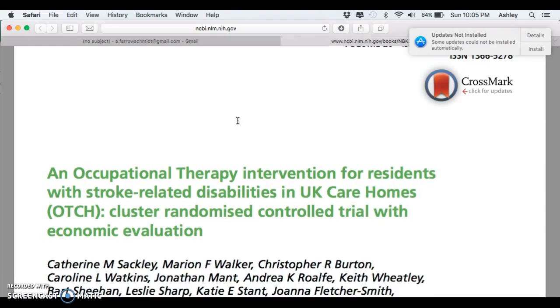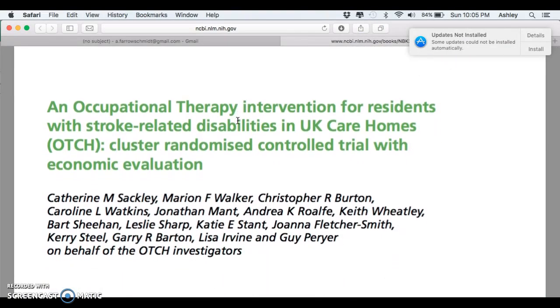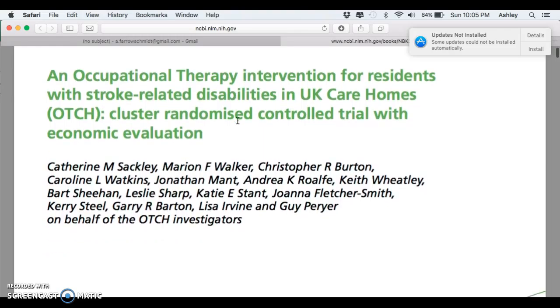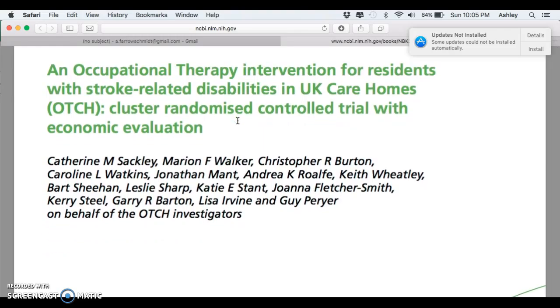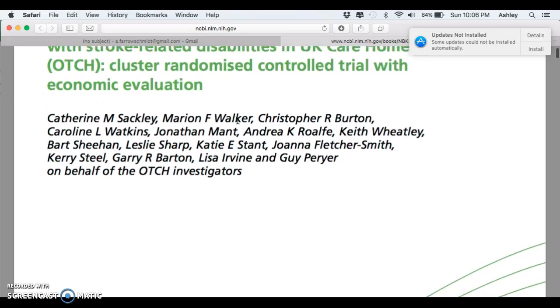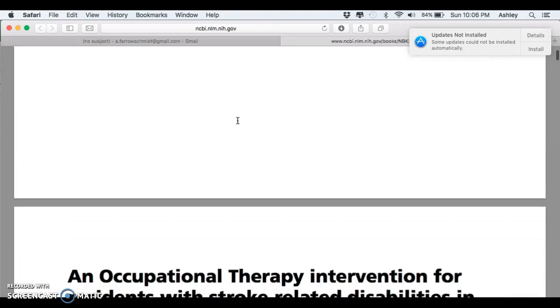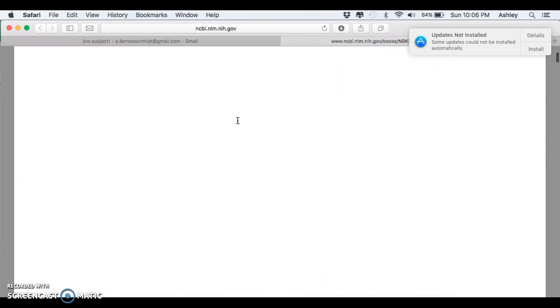This study, which I am providing to you, is one of the occupational therapy studies that actually did utilize a negative binomial model because it was looking at success and failures for stroke-related disabilities. And I think specifically, if I remember correctly, they were looking at falls. So if you're interested in seeing where it fits in the context of your clinical work, this is an article that you can read and get somewhat of an understanding about. At least it gives you an idea of what you're looking at.